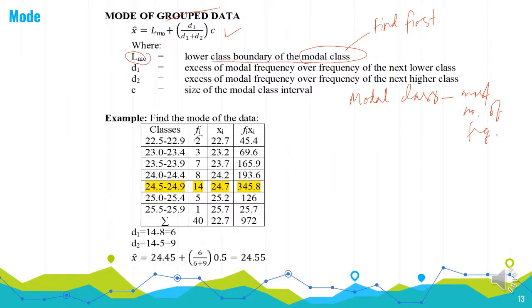In this case, you will see 14. So, the highlighted one is the modal class. What is its lower class boundary? Looking back at our table, it is 24.45. So, 24.45 is what was used there.